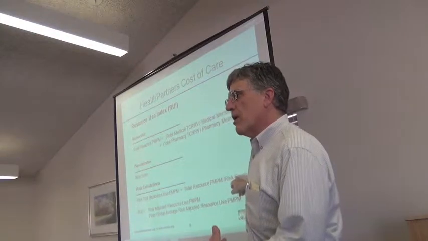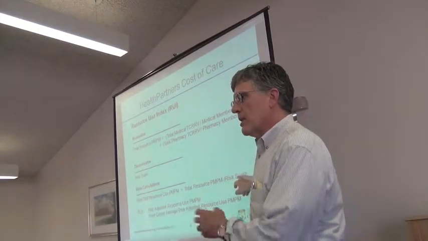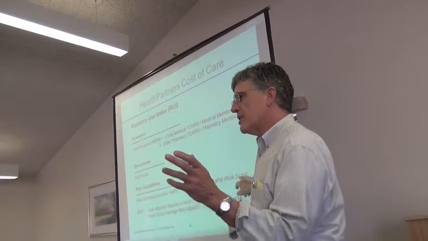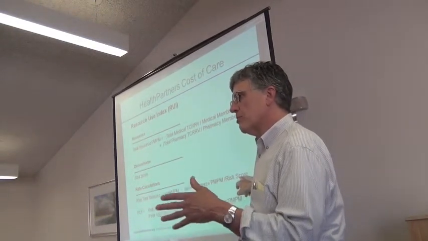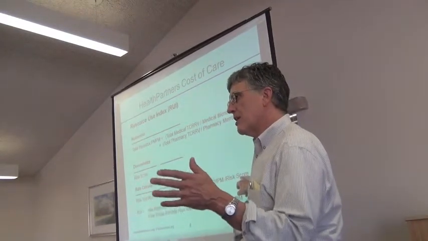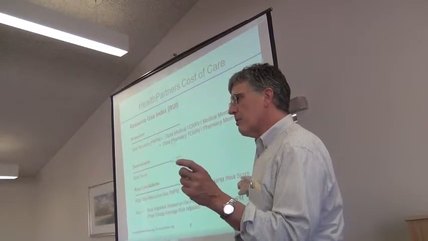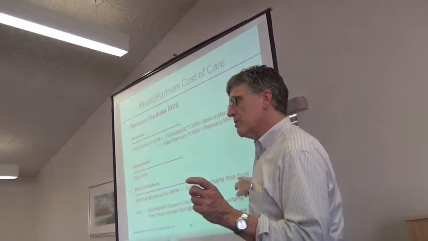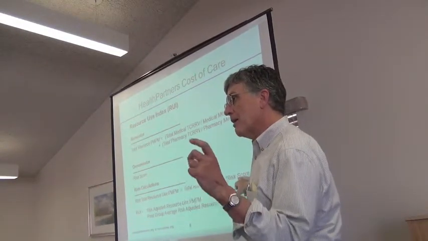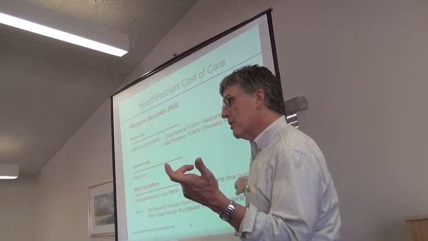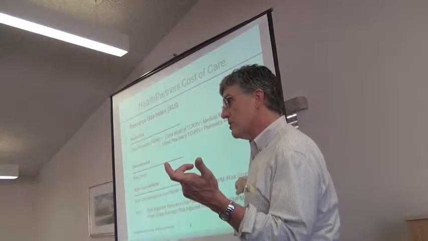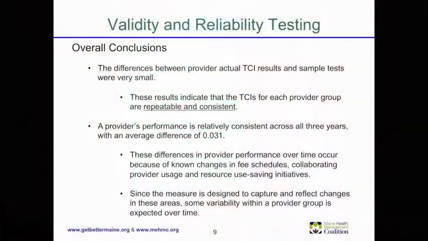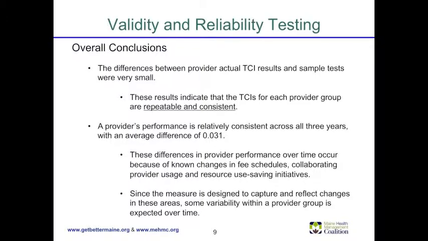I don't know the actual effect of that because I've never found anybody who's explicitly gone to the data and looked. There's clearly some potential there, but I think this risk score is driven mainly by diagnosis as opposed to procedures. Okay. And this has been tested for years by HealthPartners.